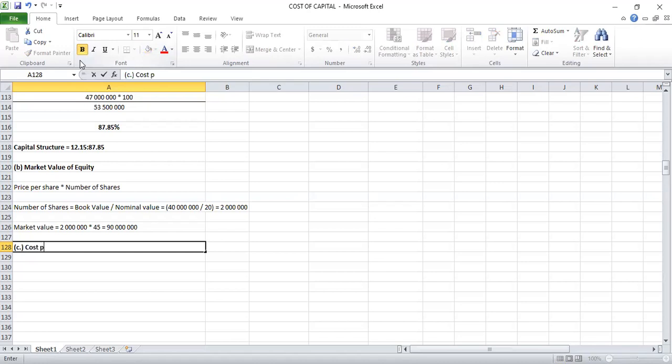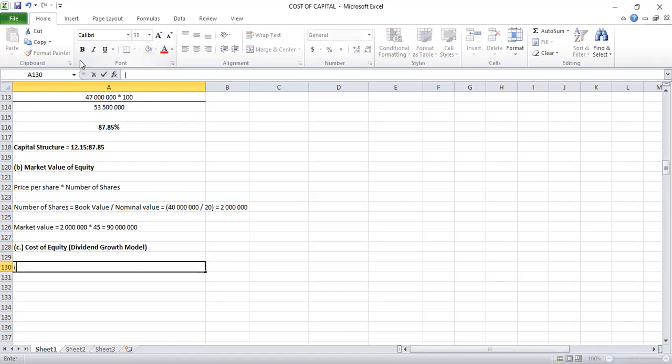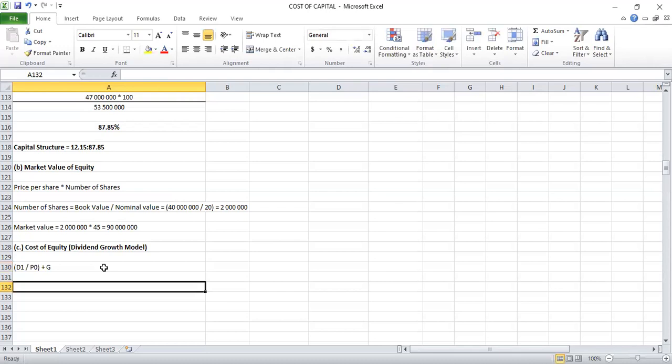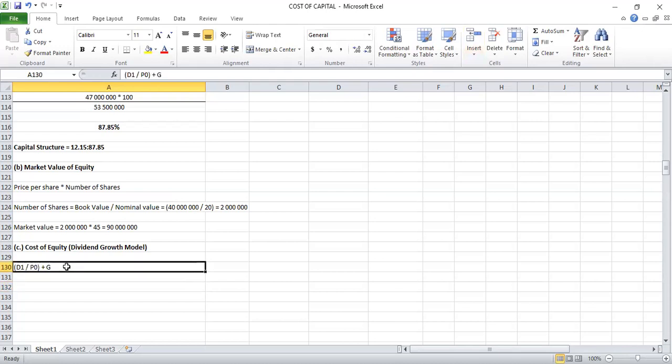Cost of equity using the dividend growth model is equal to D1 divided by P0 plus g. Remember, we said D1 is the next year's dividend, P0 is the current market price, and g is the expected growth rate.